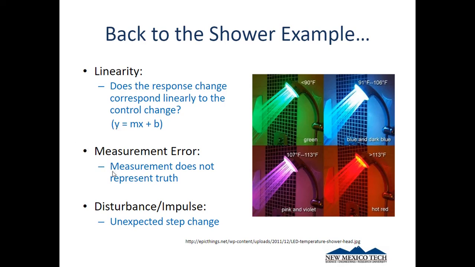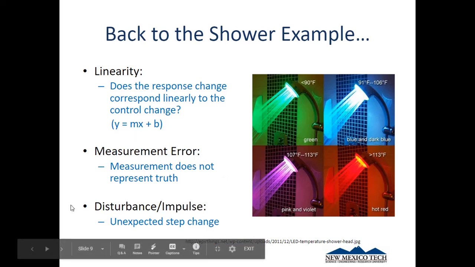How close is our measurement to the truth? So I put up here measurement error. If you were out playing in the snow and then stuck your hands in the water, the water will feel super hot, even if it really isn't. So how much measurement error is there? Also, disturbances and impulses.